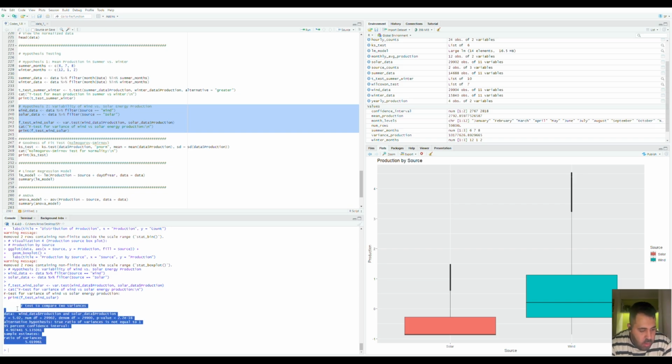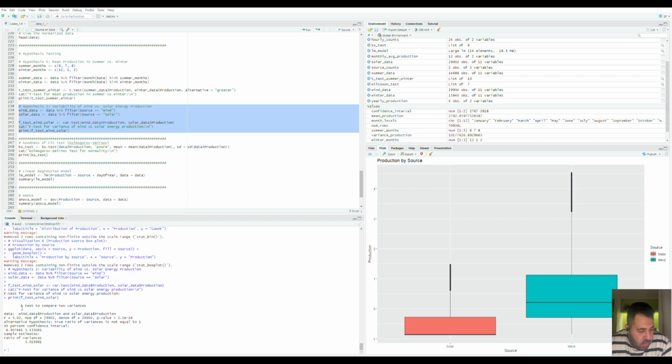It compares the variability of wind versus solar energy production, and its method is the F test to compare the two variabilities. The data is the wind data, production values from wind energy, and solar data, production values from the solar energy.